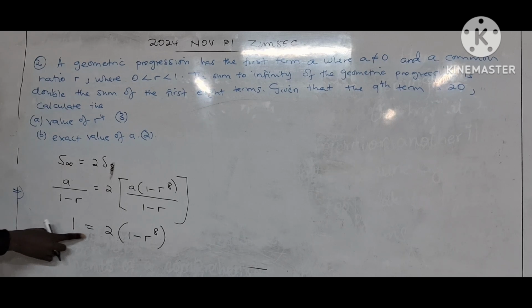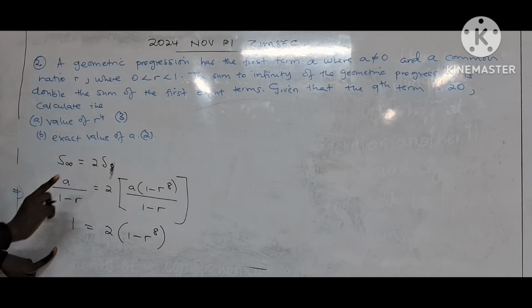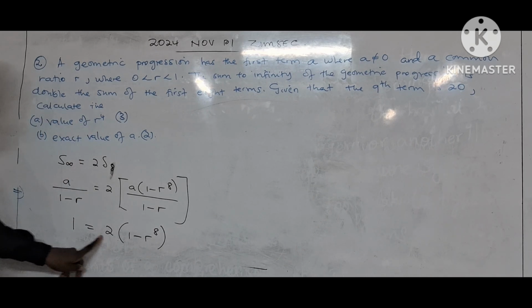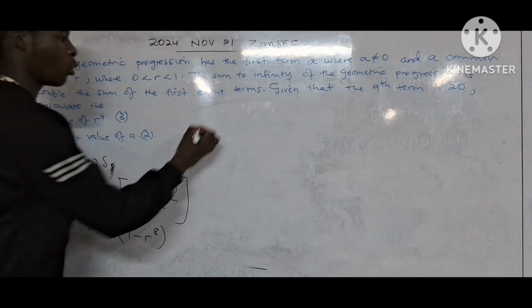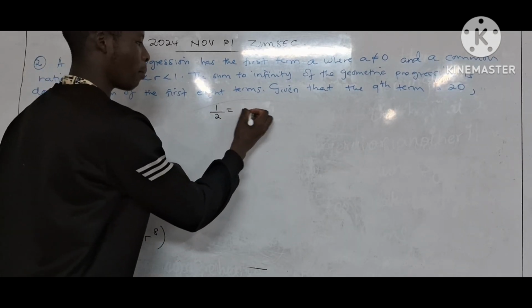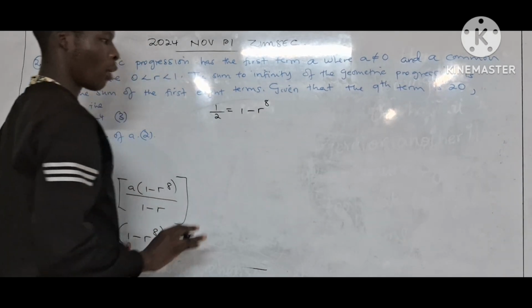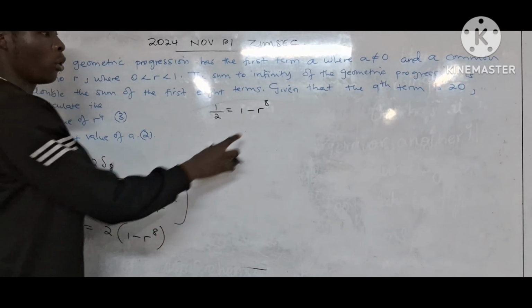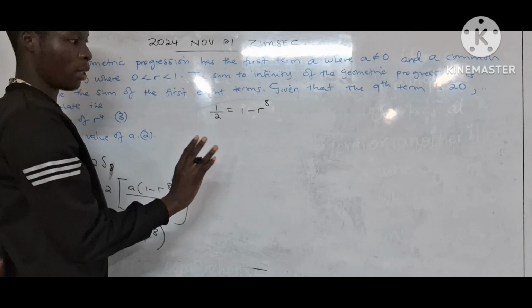We want to find the value of R to the power 4. Dividing both sides by 2, you get 1 by 2 is equal to 1 minus R to the power 8. Make R to the power 8 the subject of the formula.